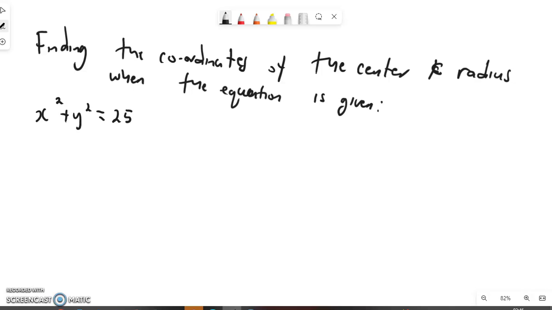is equal to 25. It is very important to note that this can be expressed as (x minus 0) all squared plus (y minus 0) all squared is equal to 25.